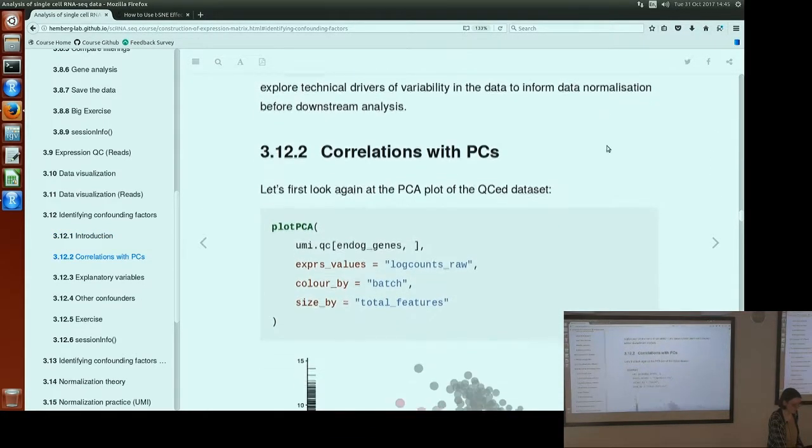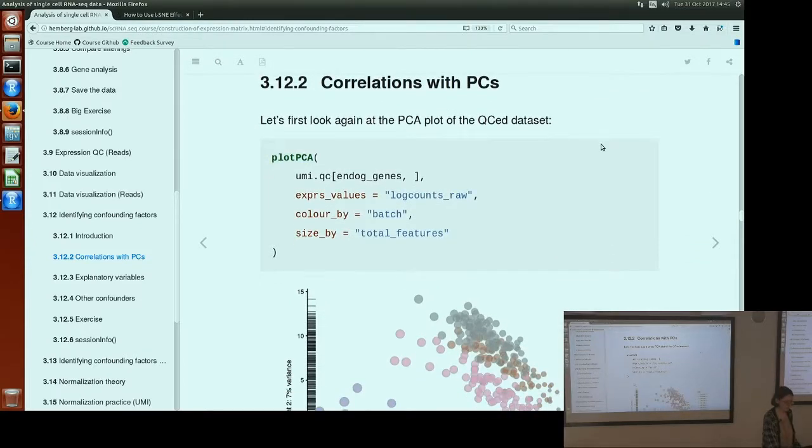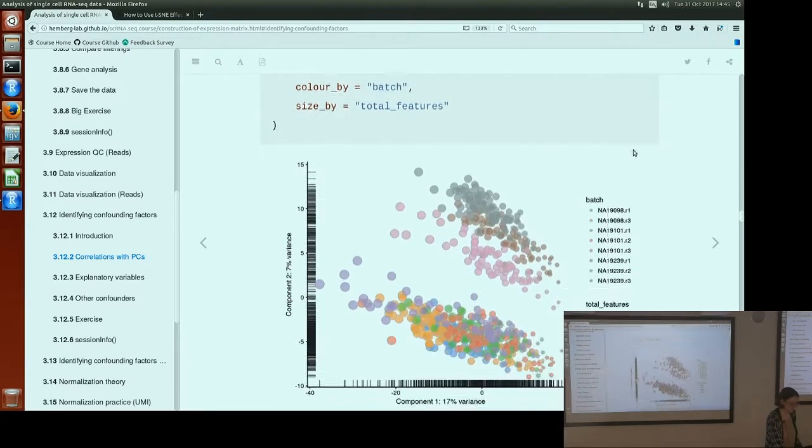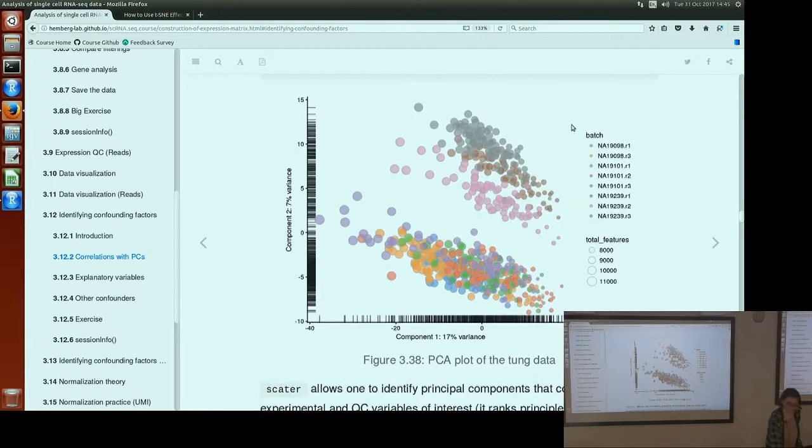In the previous section, we looked at PCAs. When we look at the PCA, you can notice that we have this strong correlation with the total features. Here we have the small points over here and the large points over here. Component 1 is largely driven by the total features, which we can see by looking at this plot, but it would be nice to be able to quantify that in some way.